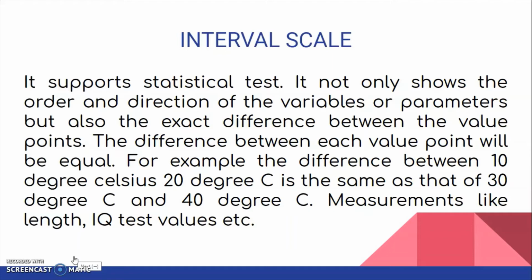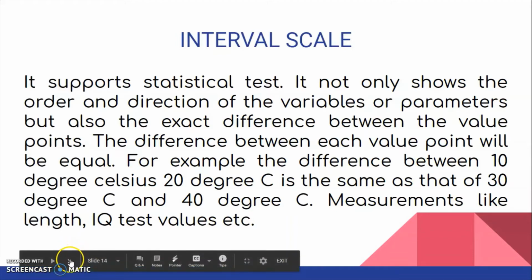For example, if you are measuring the temperature, from 10 degrees Celsius to 20 degrees Celsius, then we could find that same difference between 20 degrees Celsius and 30 degrees Celsius. So the difference is exact, and that can be calculated. So this is what we call an interval scale.